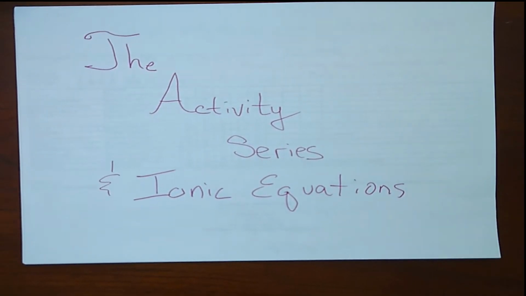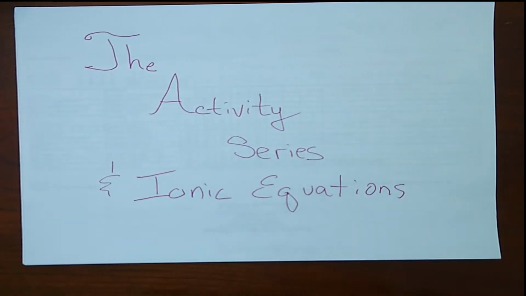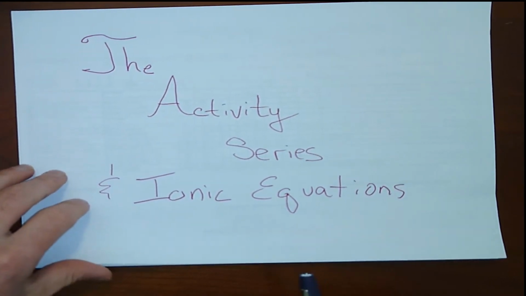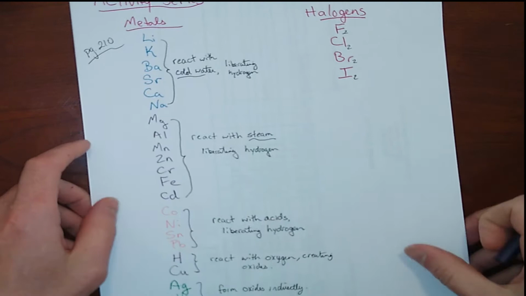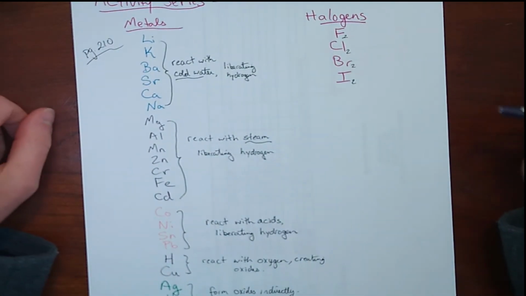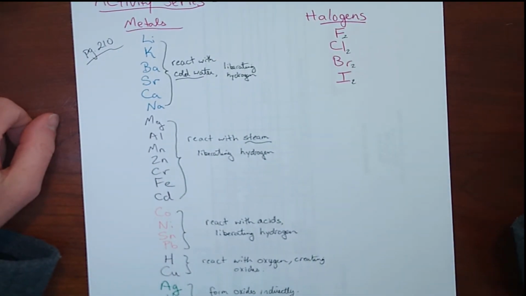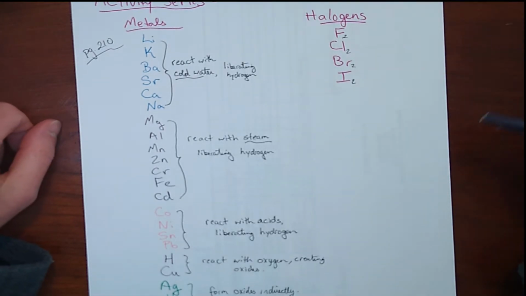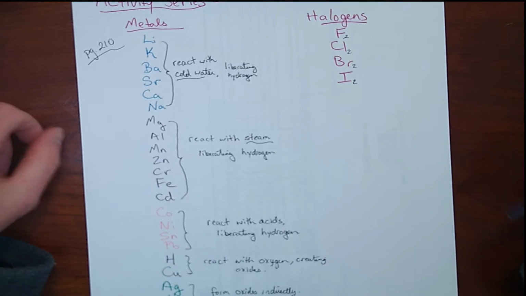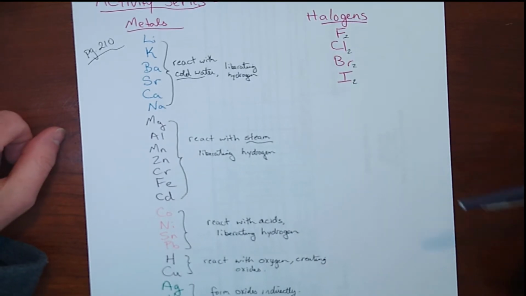Okay, so here's a chemistry video about the activity series and ionic equations and what this all means. The activity series is a listing, basically, of reactivity. It's a way of explaining which elements are more likely to combine with others and helping us to tell in what situations reactions are going to actually occur when I combine certain elements or certain compounds.